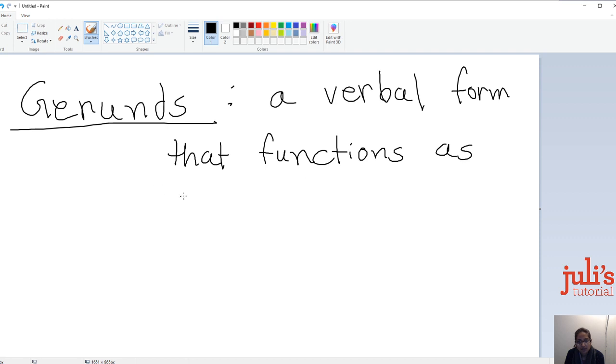The other one that we talked about functioned as an adjective. Now this is functioning as a noun. Remember, a verbal is basically a verb that is functioning as either an adjective, noun, or an adverb. This one is functioning as a noun or pronoun. So obviously the next one we're going to go through will be acting as an adverb.